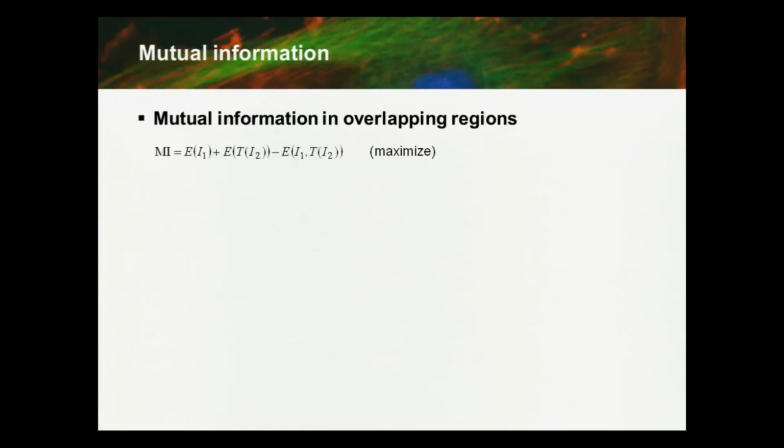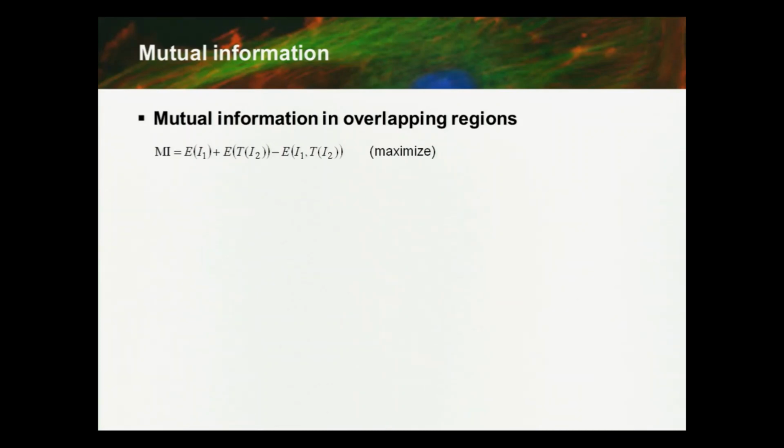So let's talk a little bit more about mutual information to get a feeling for what this measure does. Again, it's computed in the overlapping regions, because if you start transforming one of the images to make it match with the reference image, there will always be pixels that are outside the field of view of either one of the images.